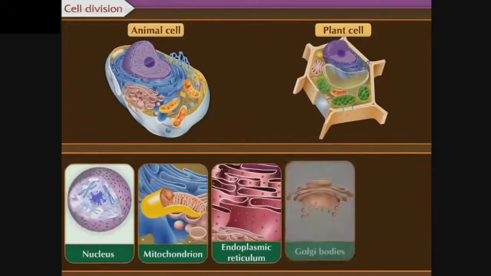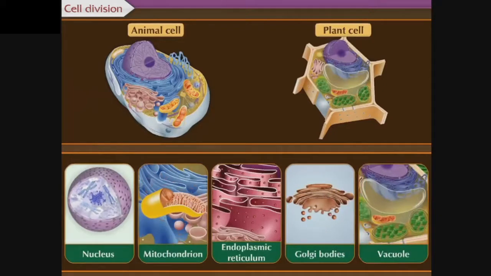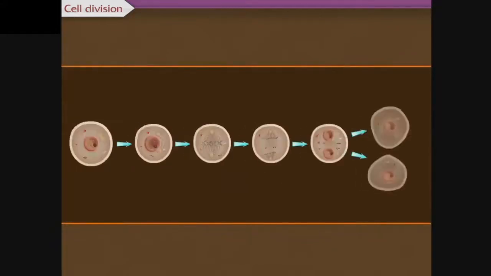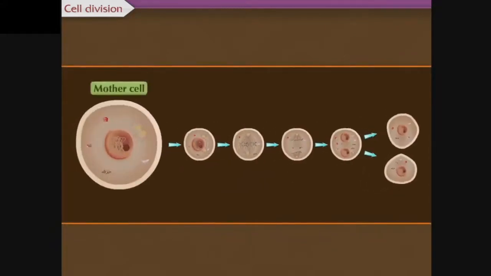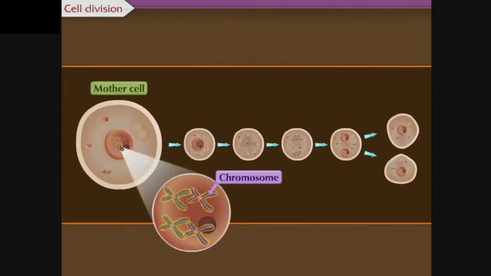We know that each cell has a nucleus and many cell organelles present in the cytoplasm. Before any type of cell division, the cell prepares itself and in this process doubles up its chromosome number present in its nucleus. That is, if the number of chromosomes is 2n, then it is doubled up to 4n.